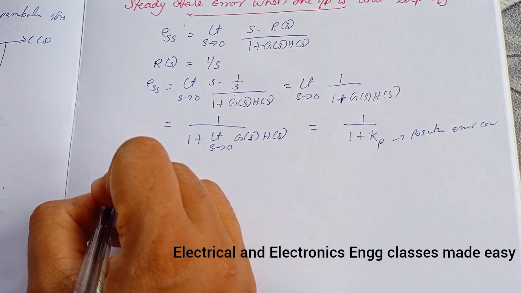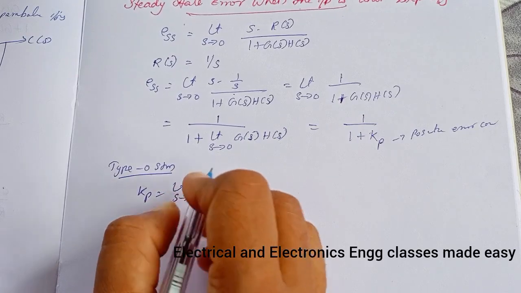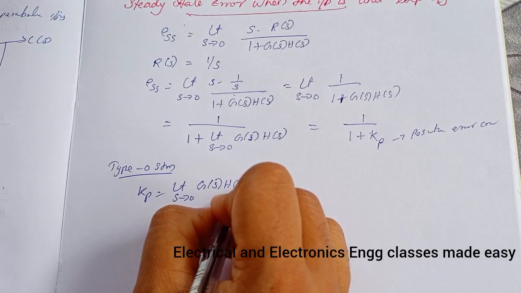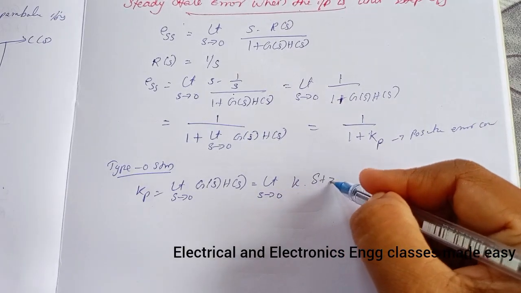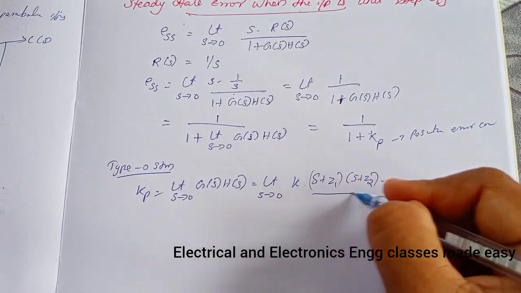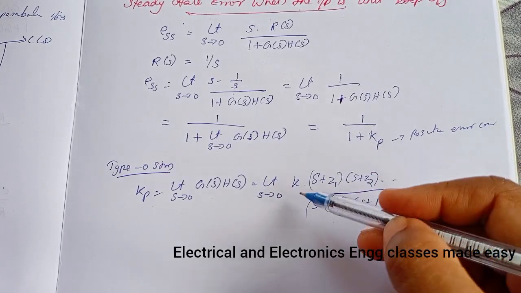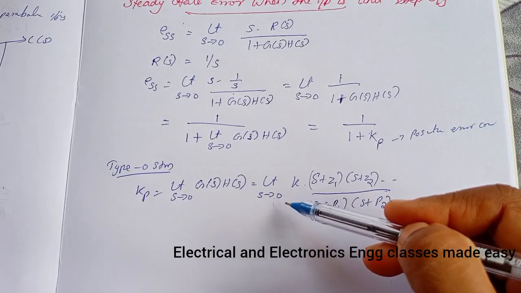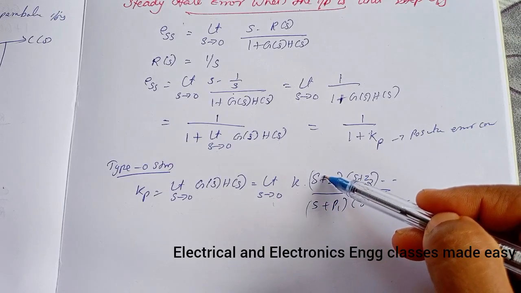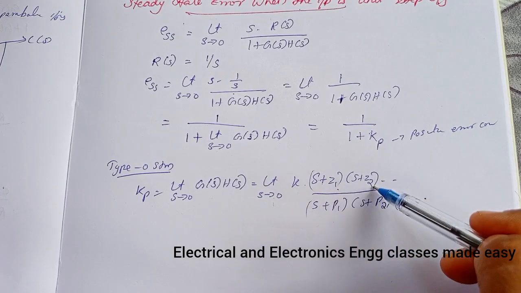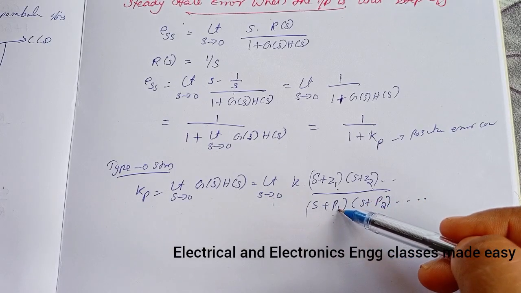For a type 0 system, Kp is equal to limit s tends to 0 of G(s)H(s), and that is equal to limit s tends to 0 of K into (s plus z1) into (s plus z2) etc. divided by (s plus p1) into (s plus p2) etc. While applying limit s tends to 0, we get a constant term, because applying s equal to 0 we get z1, z2 etc. in the numerator and p1, p2 etc. in the denominator.